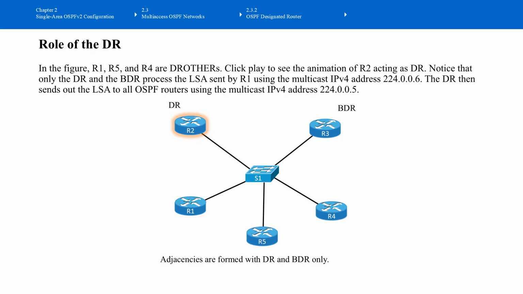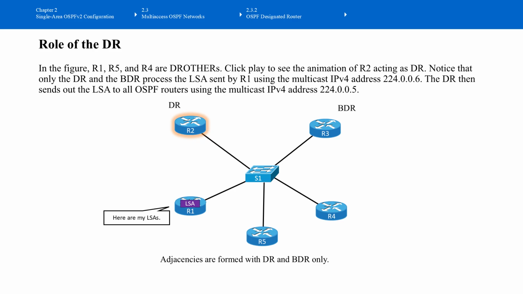First, R1 sends the LSA to 224.0.0.6, the DR and the BDR. So R2 and R3 receive it. Then the DR R2 sends the information to 224.0.0.5. This is for all OSPF routers. So R1, R3, R4, and R5 can receive the update.